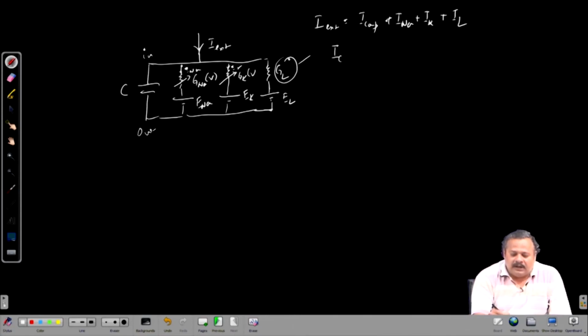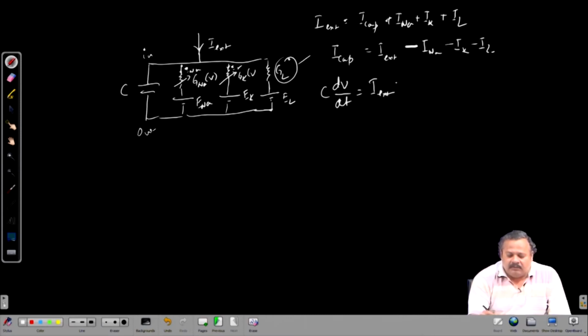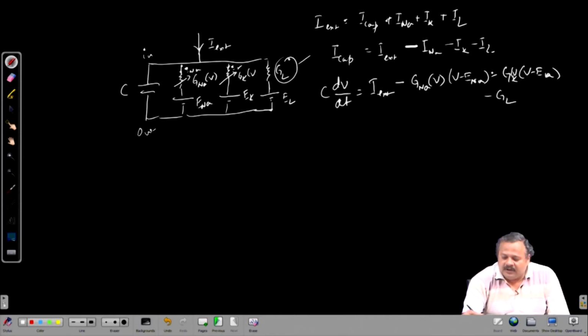So, our I capacitor turns out to be I external minus I_Na minus I_K minus I_L, and so we have C dV/dt equal to I external minus G_Na(V)(V minus E_Na) minus G_K(V)(V minus E_K) minus G leak(V minus E leak).